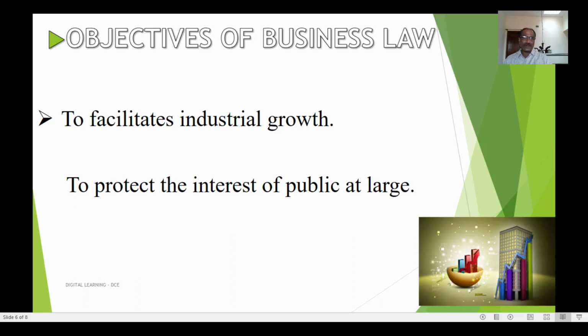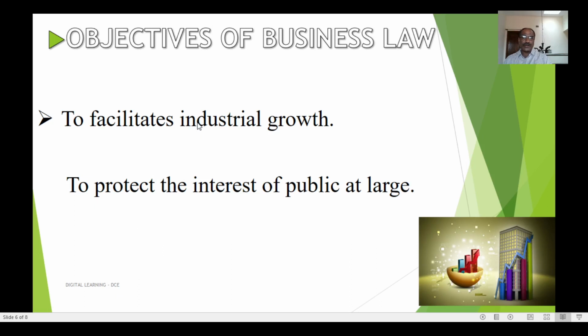Yes, it is possible if there is any involvement of the law relating to business. When there are disputes between the industries and government, the industries and the public, and the industries and the investors, automatically the law will resolve those disputes. Then it is not possible for that industry to be closed.